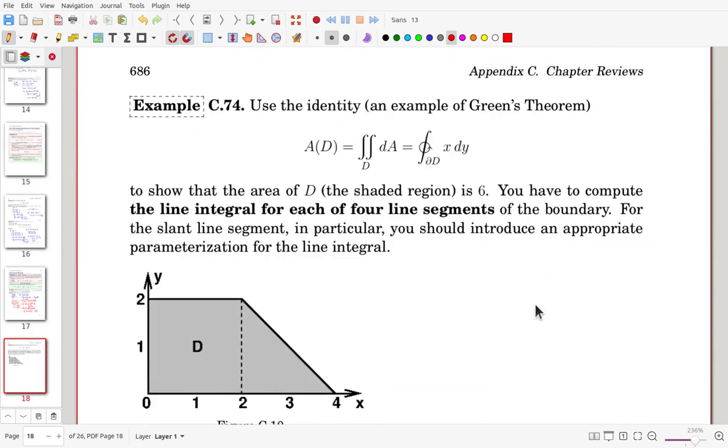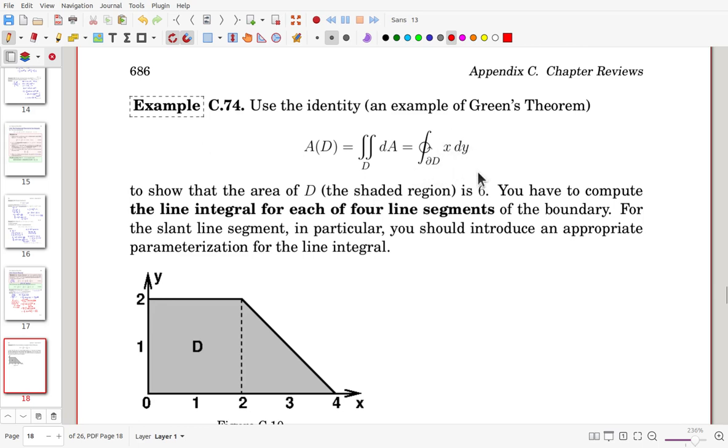Now, as an application, we can use Green's theorem, and the area of the region can be obtained by using this line integral along each boundary portion, and we sum after getting the solution for each one.